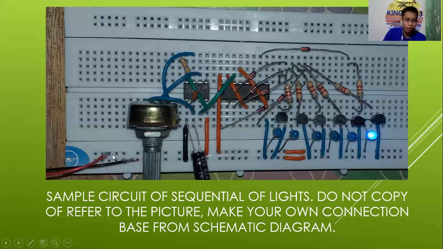Walang color code. Walang red and walang black or blue. So what I did is, I identified it on my own. The red wire is a positive. So tinandaan ko lang itong nasa taas na rail na horizontal, yun yung positive. Yung isa na nasa baba ng isang horizontal, yun yung negative.